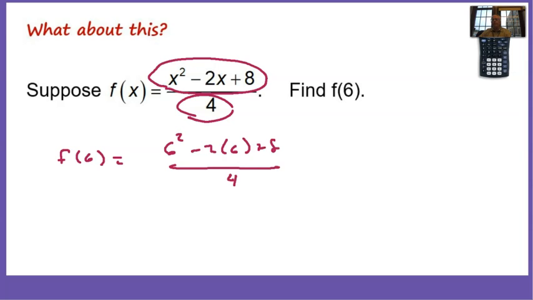You got to be careful with your calculator. If you want to do it all in one step, you got to put parentheses around the numerator. It's all of that divided by 4. So we got to simplify the numerator first. 36 minus 12 is 24, plus 8 is 32, divided by 4. Now we can divide. 32 divided by 4 is 8.